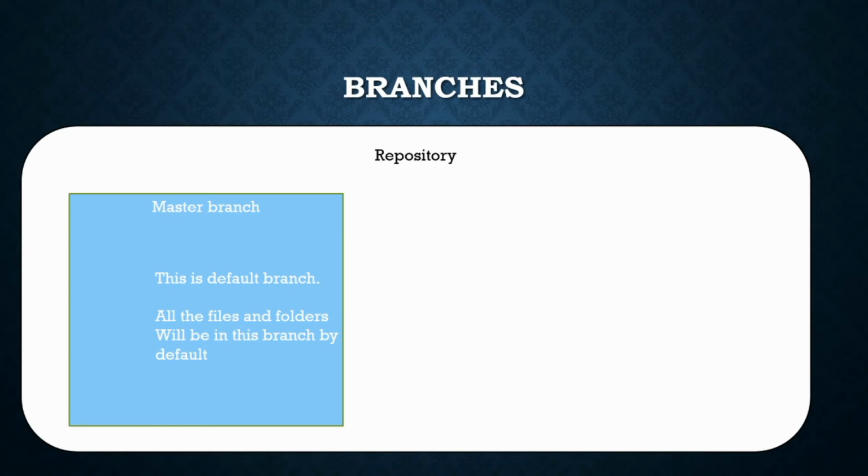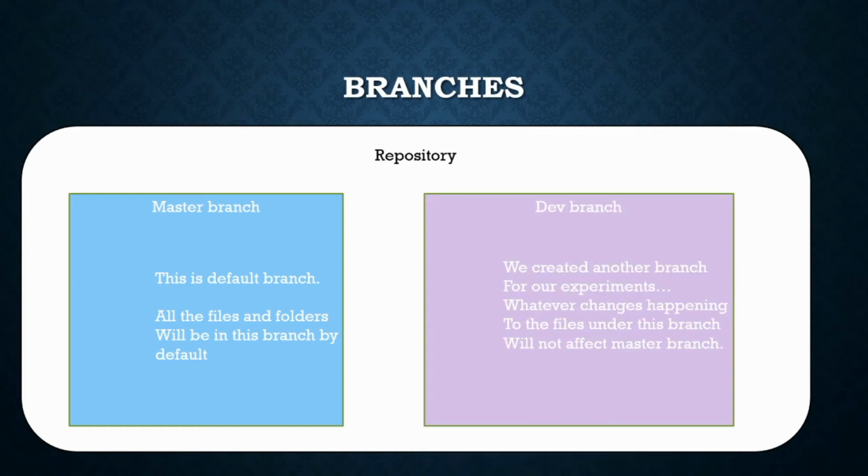But with branches, instead of creating a copy of each file which we want to experiment with, we can create a copy of the entire master branch. All our folders and files are inside this branch, and we create a copy of this branch. So the dev branch is a copy of the master branch.